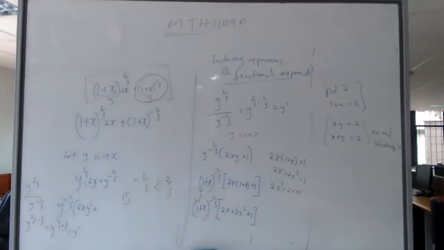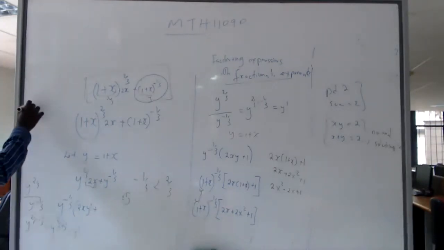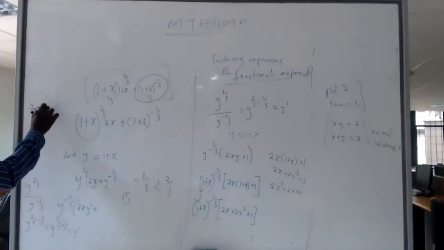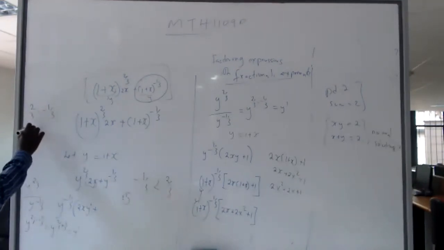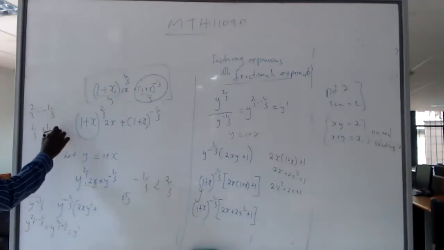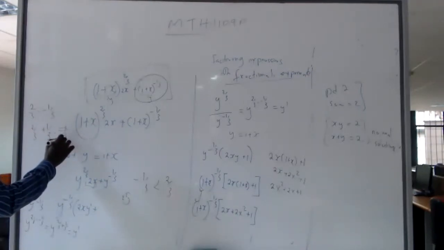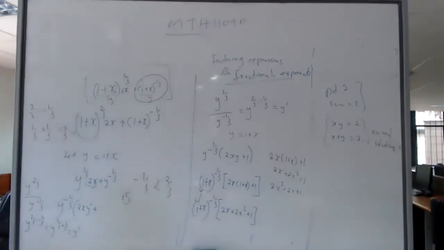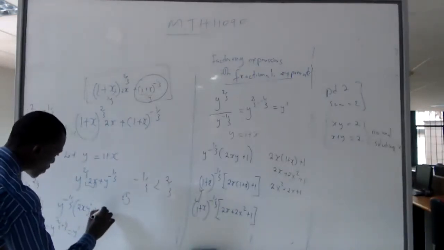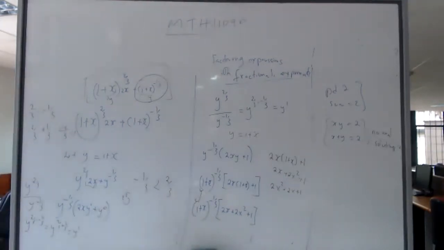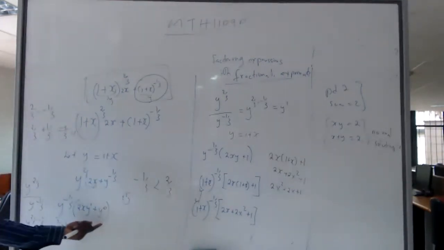That's an exponent of 1, which is 2/3 minus a third. This is the same as 2/3 plus a third, which is the same as 3 divided by 3, which is 1. And this other one has an exponent of 0. Any number raised to 0 is always 1.